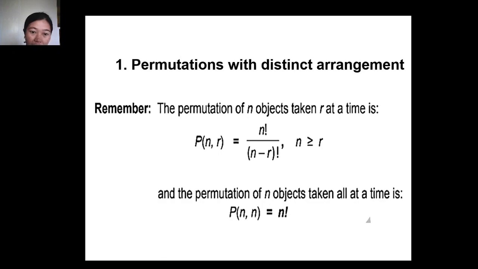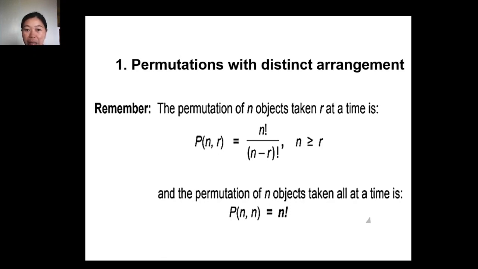So, 6 yung aking potted plants, pero ang i-arrange ko lang ay 4 kasi 4 lang yung space ng paglalagyan. So, ganun siya. Yung n, yung given objects, and then yung r, ilan dun sa objects na yun, yung i-arrange mo dun sa given space or position. So, the formula is n factorial all over the quantity of n minus r factorial.